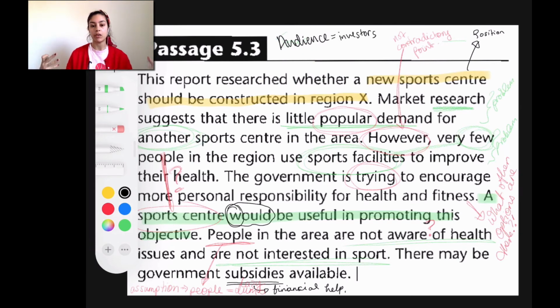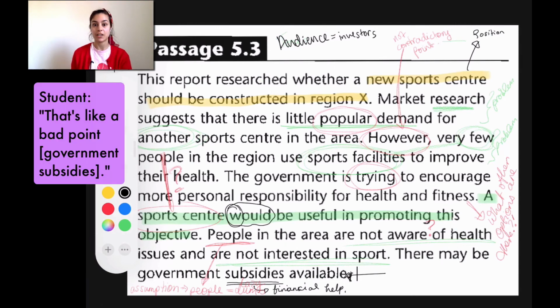So even though there's lots of against evidence, and there are other options that he could talk about that would create a much stronger argument, he's saying even though everything points against us, we could do it anyway because people aren't aware of health issues or not interested in sport. There may be government subsidies available. So he's saying, well, it probably won't make any money, but the government will help. That's the suggestion.